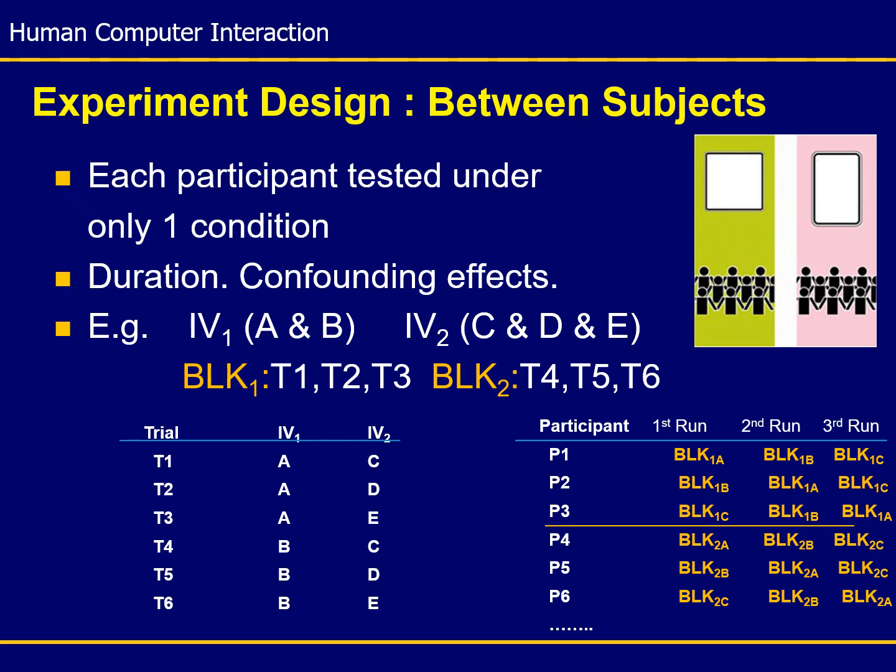A here means a variation of block 1 that is intended for the first 3 participants, while 2A is intended for the next 3 participants.